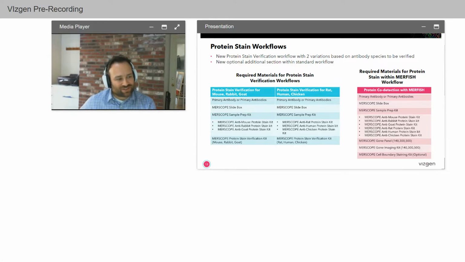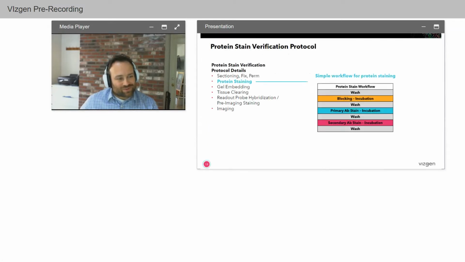You just need to have different host species primary antibodies. This is where you would use your gene panel, because now we are running full MERFISH, your gene imaging kit that matches that panel size, and your cell boundary staining kit. This is an optional item, of course. The only caveat here is if you use a cell boundary staining kit, you cannot use it with the anti-rabbit protein stain kit. Future development on this product will hopefully eliminate this compatibility issue.